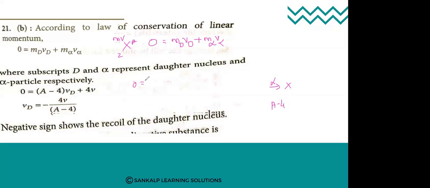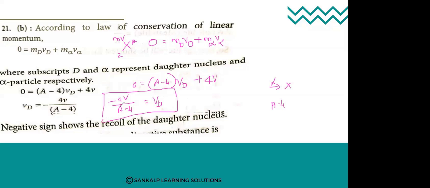So therefore we write the mass as A minus 4 into velocity v_d, plus, for the alpha particle, the mass is 4 and its velocity is given as v in the question. Here we need to calculate the velocity of the daughter nuclei. So transferring this, it will be minus 4v, and A minus 4 will come in the denominator. Therefore v_d = minus 4v divided by (A minus 4). This is the speed of the daughter nuclei.